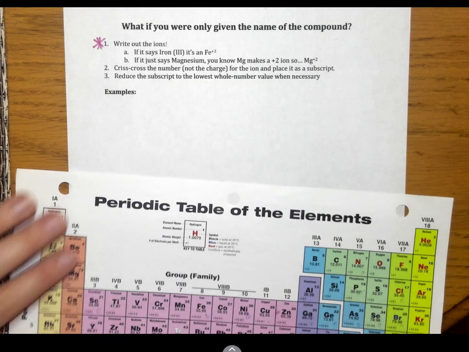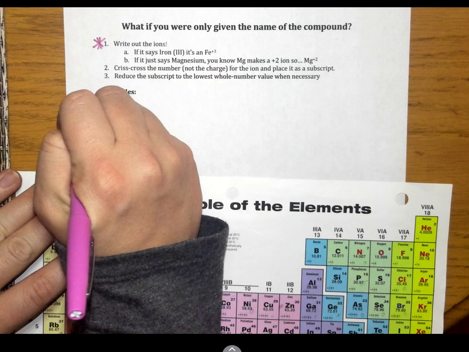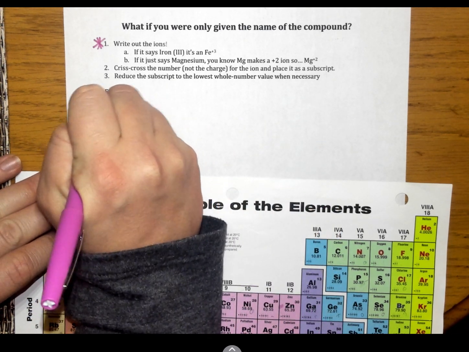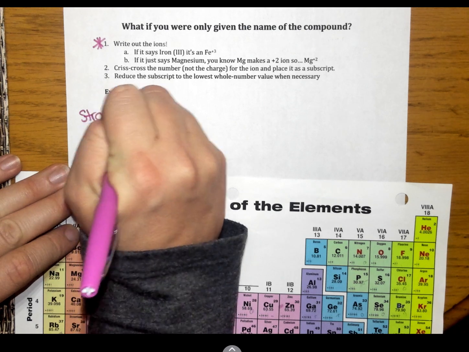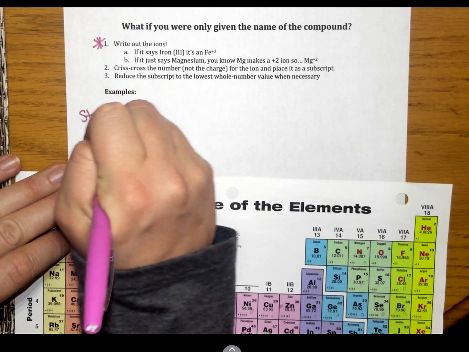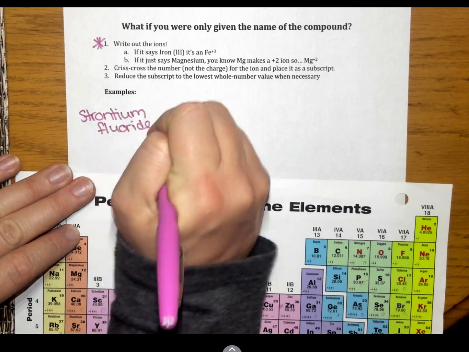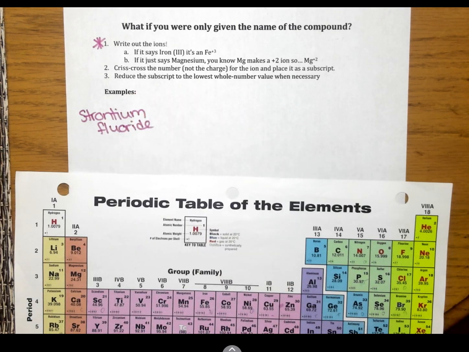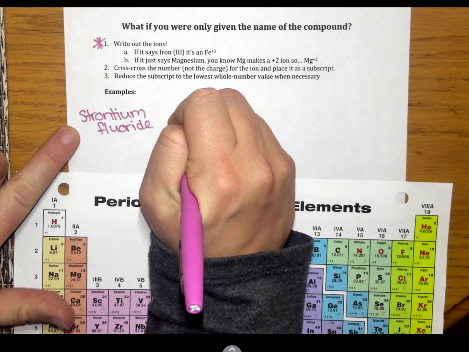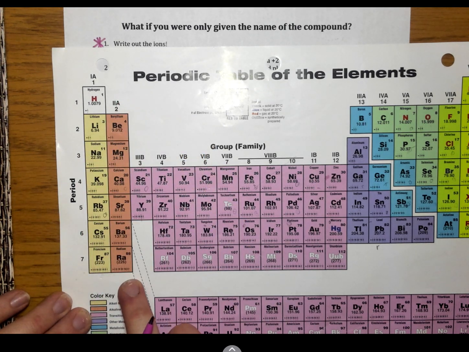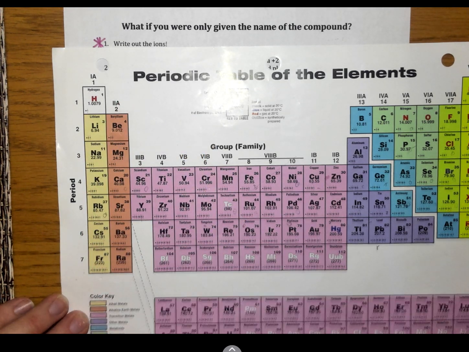So, for example, if I were to give you the name strontium fluoride, okay? So, we're going to unpack this right now. Strontium fluoride. So, strontium is Sr. Well, I find Sr, it's in group 2. That means it has a +2 charge.